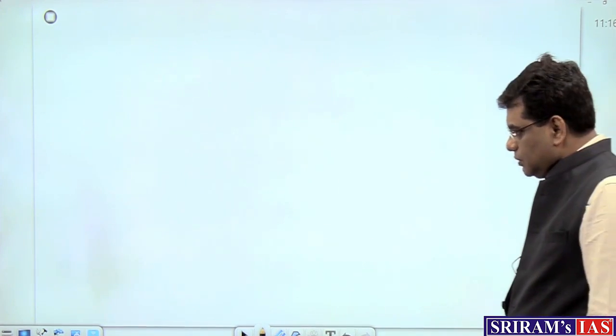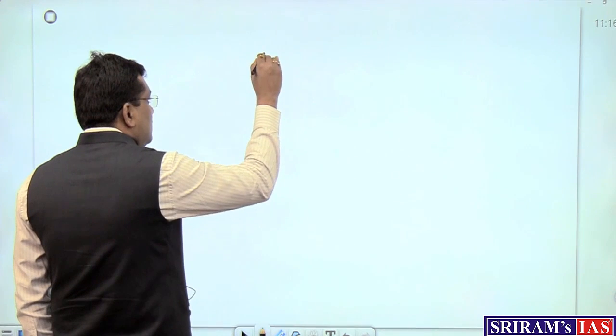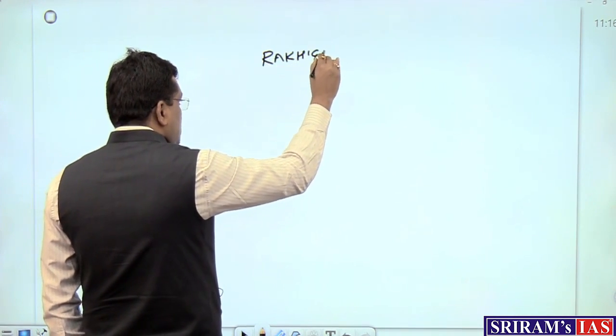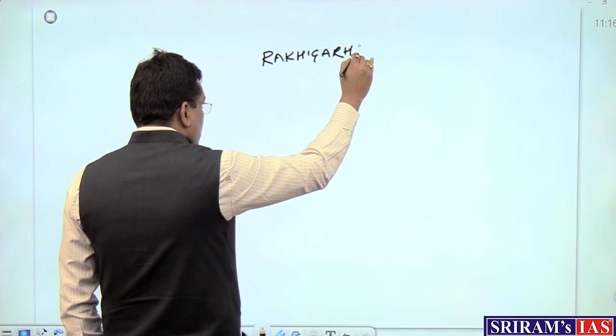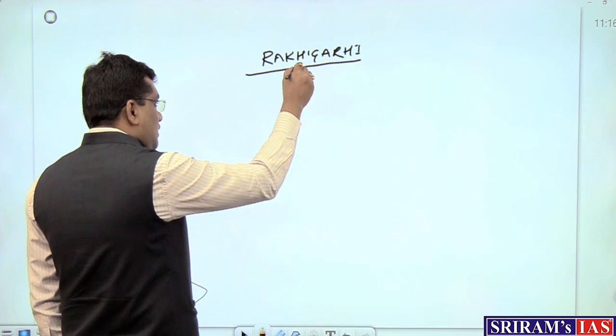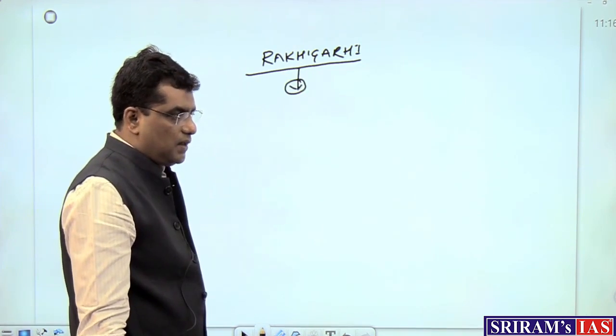And Rakhigarhi, which is in Haryana's Hisar district. For two decades its center has been under excavation and observation, and this is the largest and most developed city of the Indus Valley civilization.